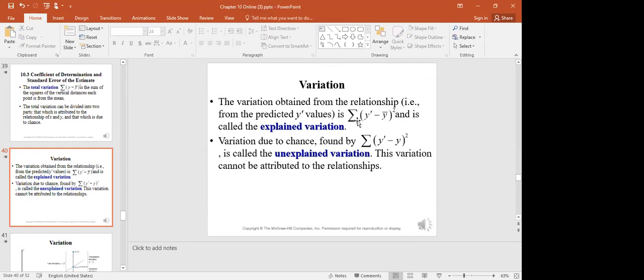In this explained variation, we use the predicted values together with the mean of y. Now, the difference between the predicted value and the actual value y is called the residual. The sum of the squares of the residuals is called the unexplained variation.